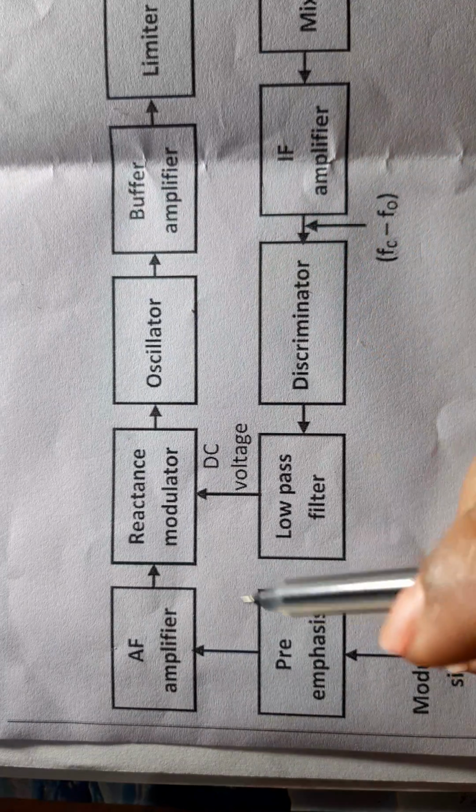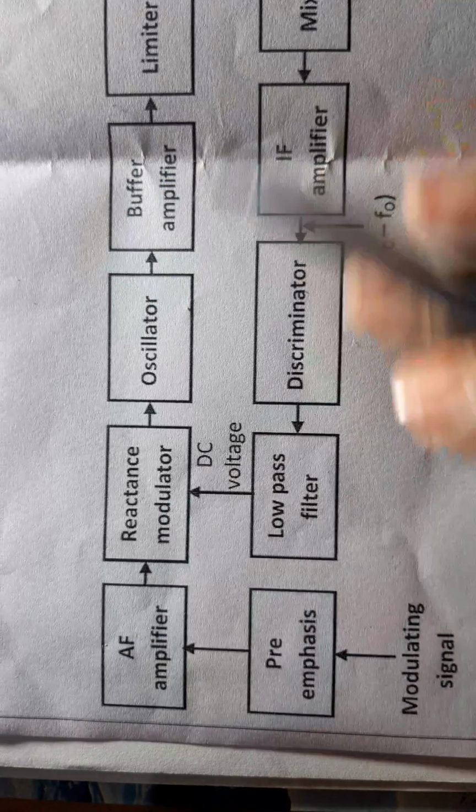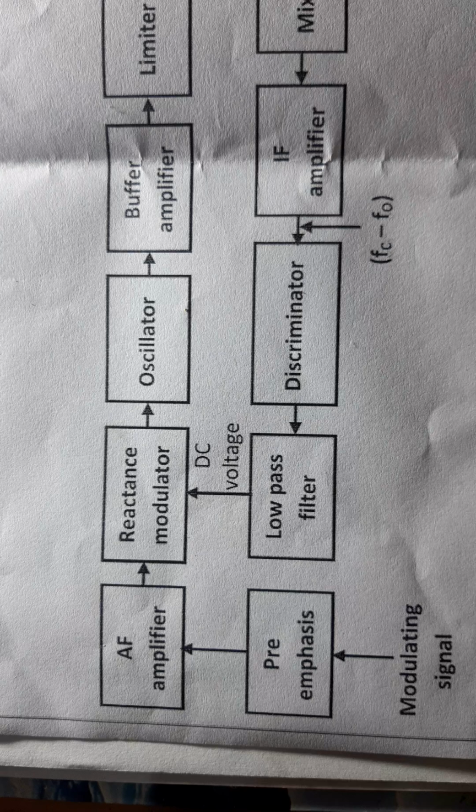The function of each block is mentioned in the box. AF means audio frequency, where the frequency ranges from 20 Hz to 20 kHz, that is our voice and music or any information, that is called message signal, which is to be transmitted.